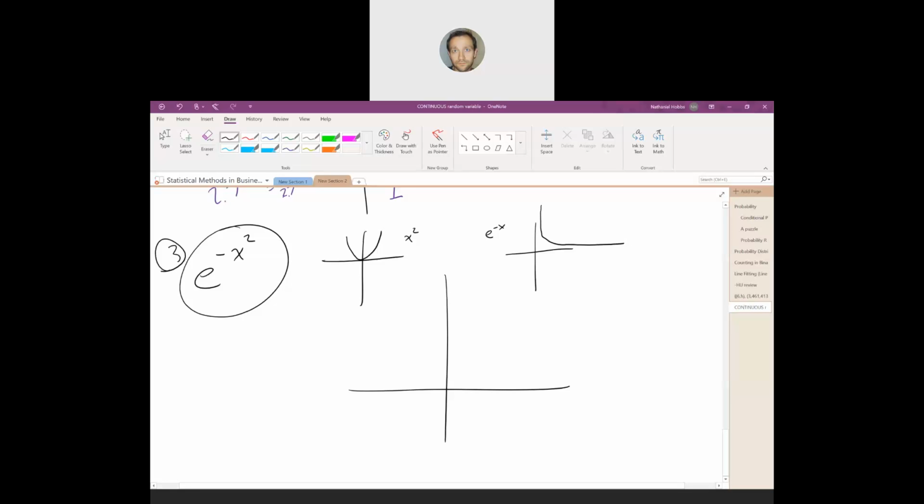What does this equal? So e to the minus 0 squared, which is e to the 0, which is what?